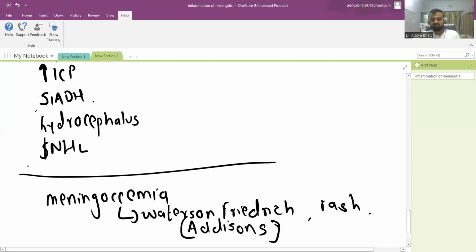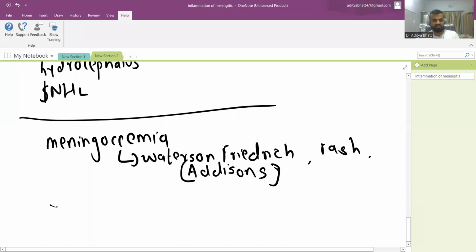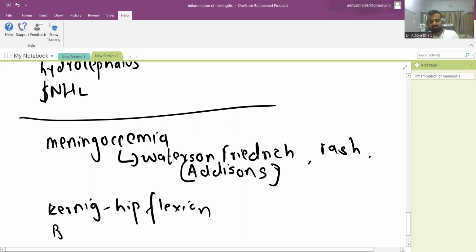Now, Kernig and Brudzinski signs. Kernig is flexion of the hip, and Brudzinski is flexion of the neck.